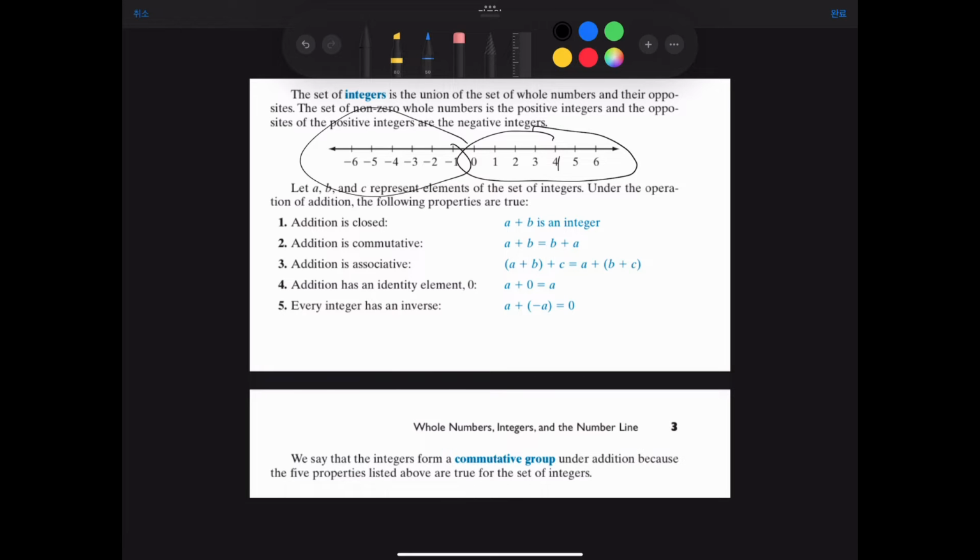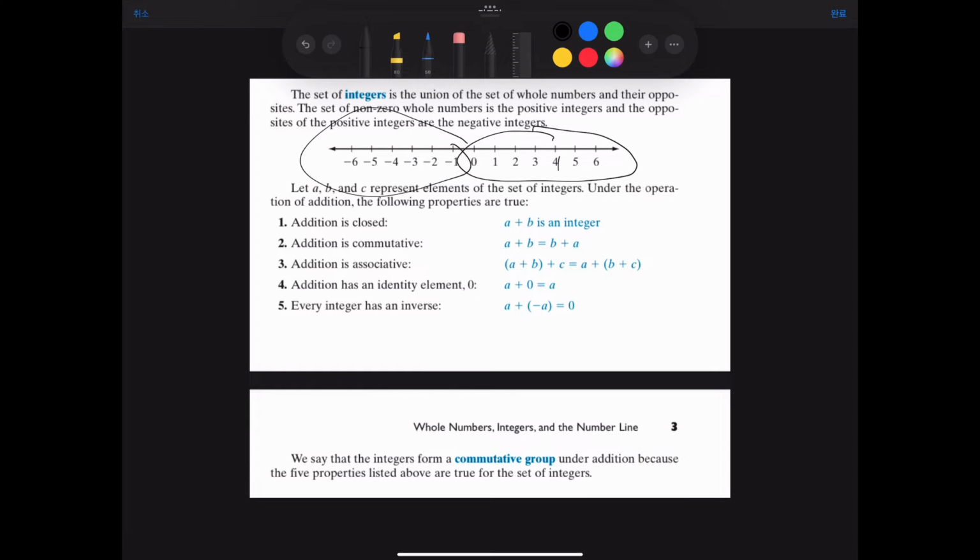So let's say that A, B, and C represent elements of the set of integers. Addition is closed, as A plus B is an integer, and A plus B equals B plus A. That's common knowledge: if you add both sides, you can flip them over and they equal the same thing.